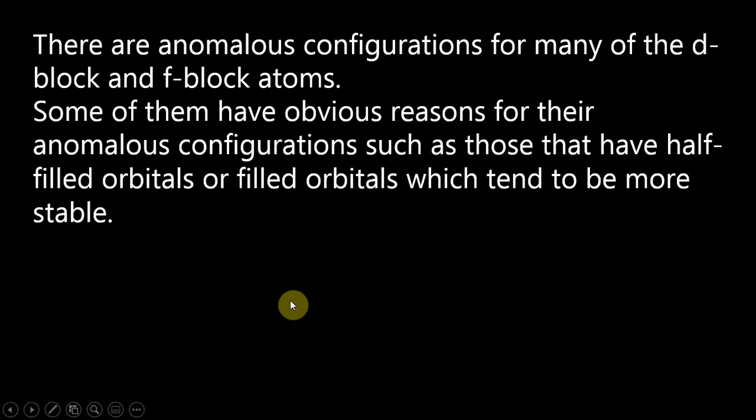All right, so what we see is that there are actually a number of anomalous configurations for the d block elements and for the f block elements. And some of them have obvious reasons for their anomalous configurations, like the half-filled d orbitals, which tend to be more stable.